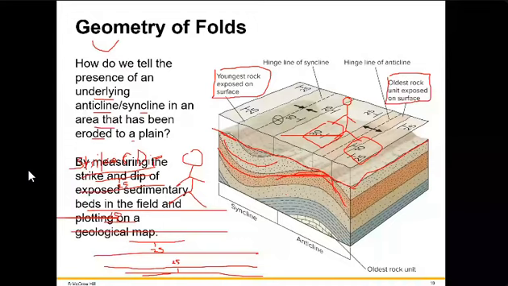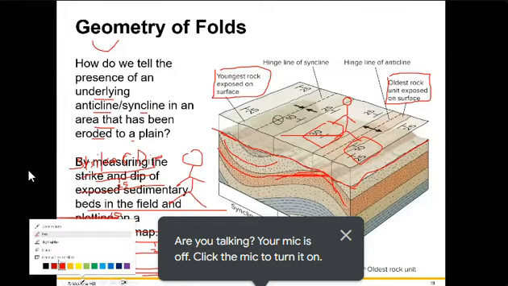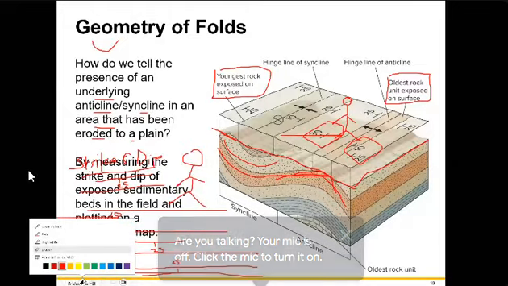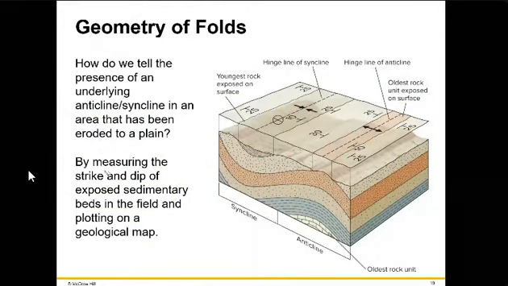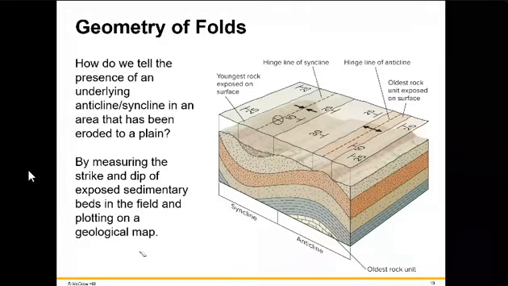So in wrapping up, by measuring the strike and dip of exposed sedimentary rocks in the field and plotting on a geologic map, we can tell whether the underlying structure is an anticline or a syncline in an eroded area.